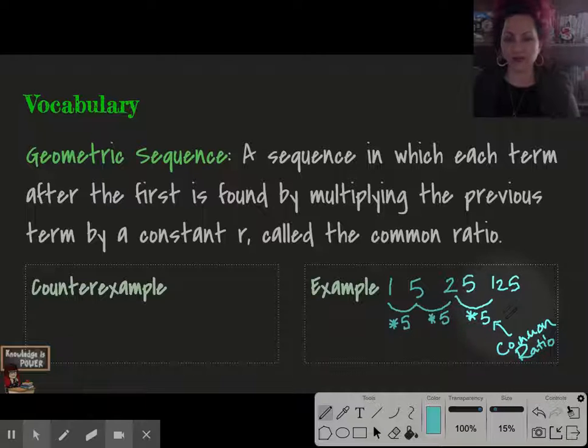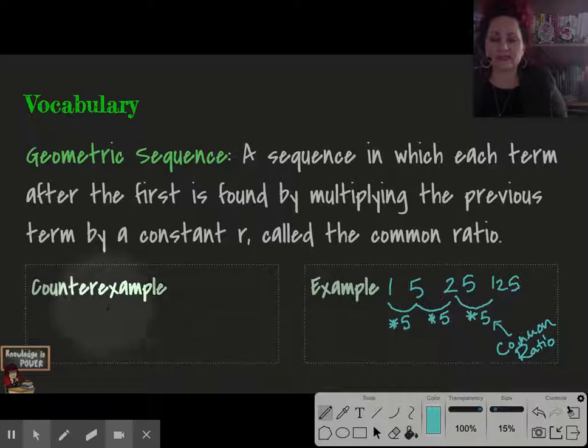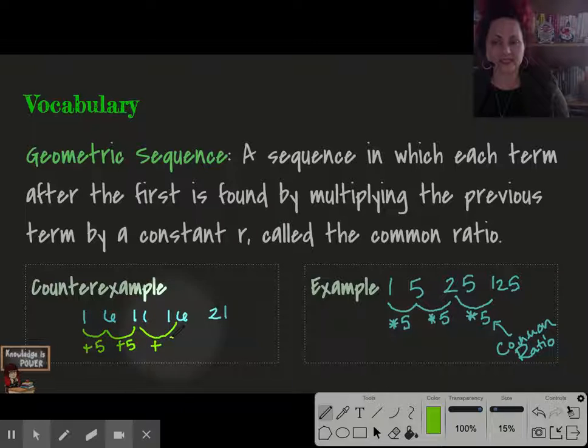A counter example might be something like 1, 6, 11, 16, 21. Here, I'm doing something with 5, but I am adding 5 each time. This is not a geometric sequence, okay? So that is our counter example. Let's go ahead and look at our next.